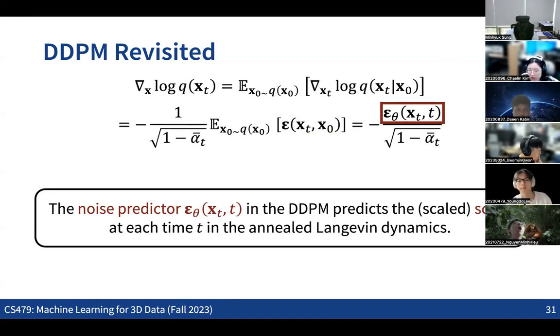That's the fundamental idea behind the DDPM model, in terms of why we need to get this information. This information is related to the score information that we need for the sampling process.